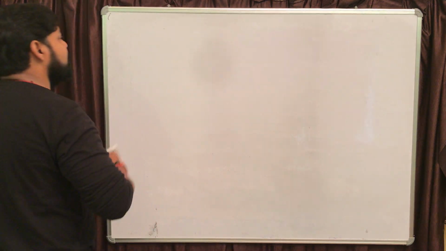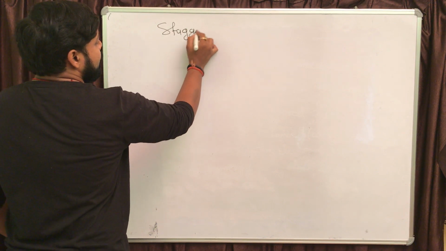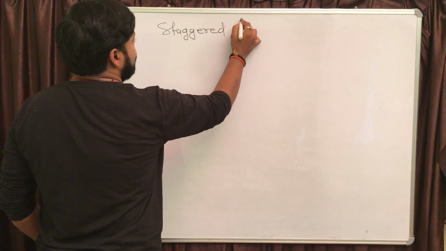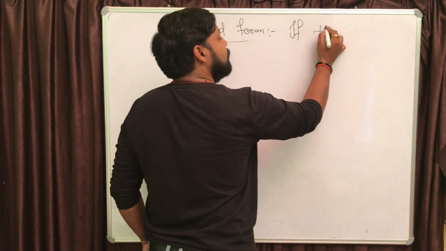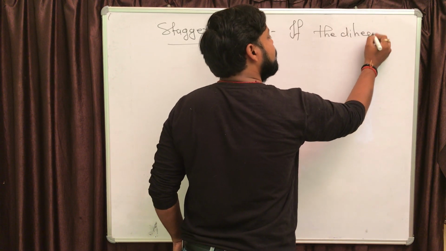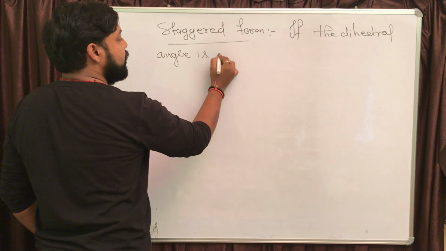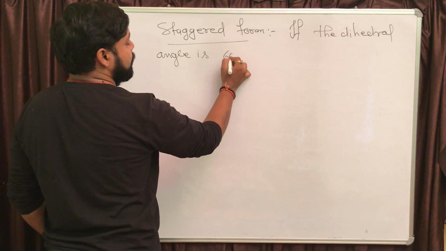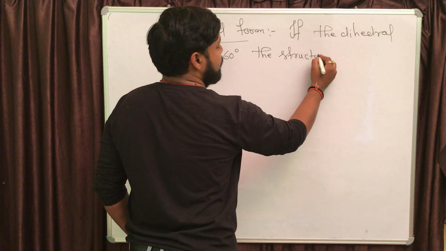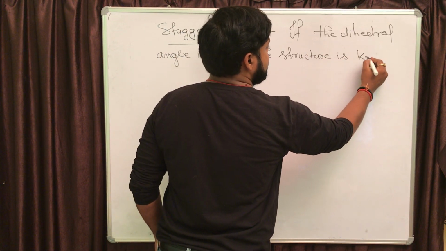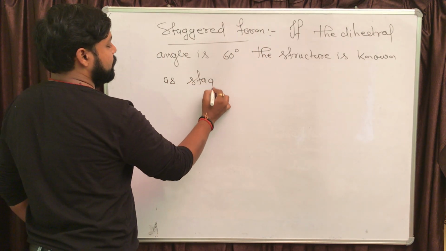So let us write the definition of staggered and eclipsed. Staggered form: if the dihedral angle is 60 degree, the structure is known as staggered form.